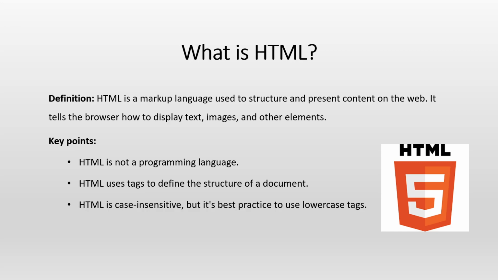In that there are different things like tags, which I am going to explain in the further slides. So HTML is simply a markup language, just used for displaying text, images, and other elements in the web browser. HTML full form is hypertext markup language. These things are going to be asked in interview questions, most of them are. So be aware of these things.